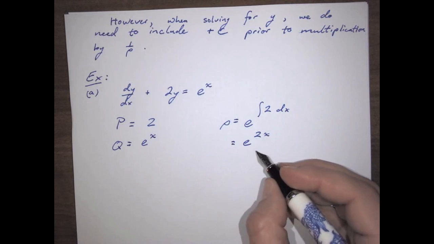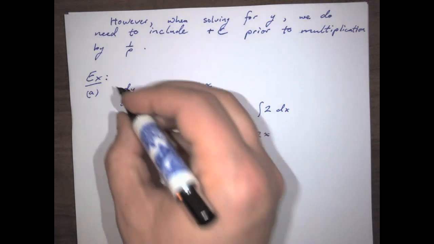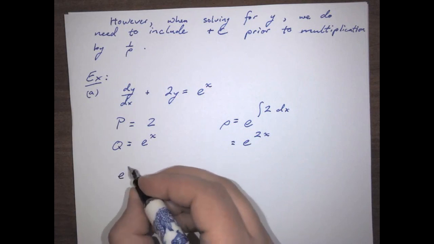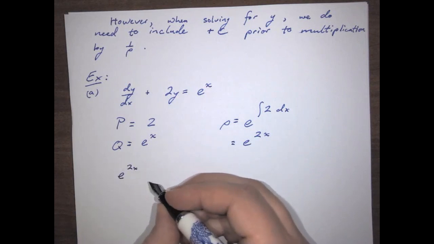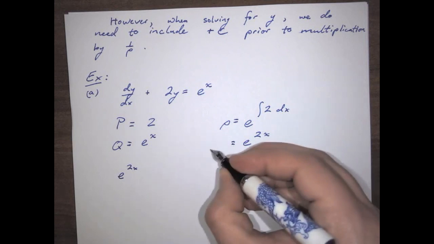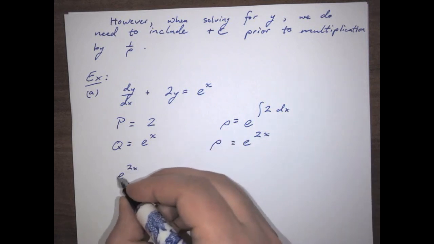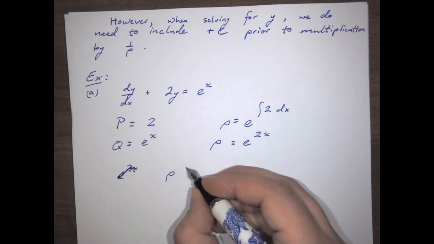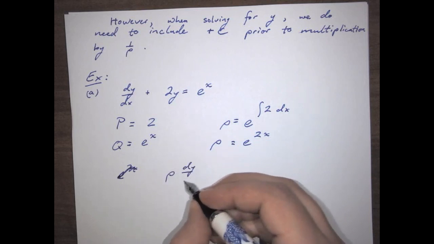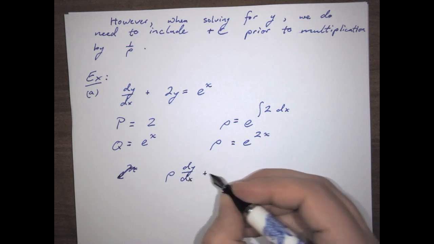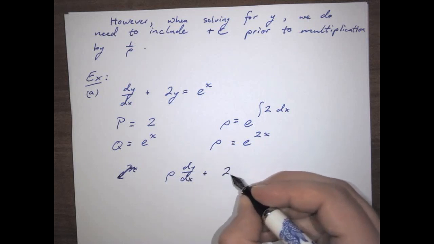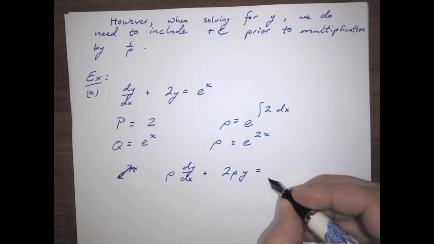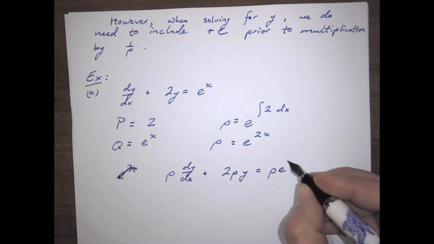So then the whole purpose of this is you multiply everything by e to the 2x, and what you're going to get is, actually here, I'm going to make that more explicit. So then rho dy/dx plus 2 rho y is equal to rho e to the x.